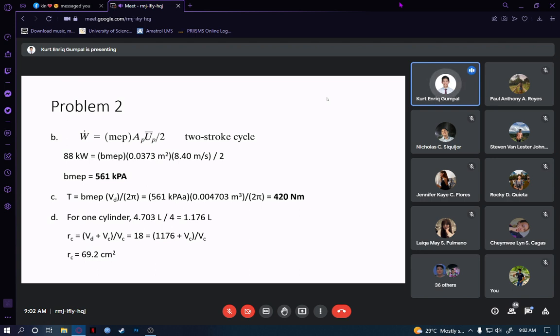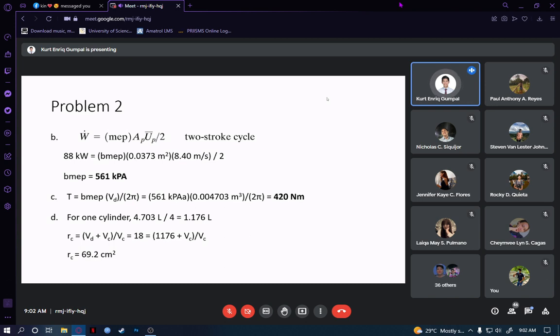Therefore, if you're going to write the compression ratio as a formula, ingani siya. RC is equal to VT or total volume divided by VC. Or RC is equal to VD or displaced volume plus VC all over VC, which is your clearance volume.